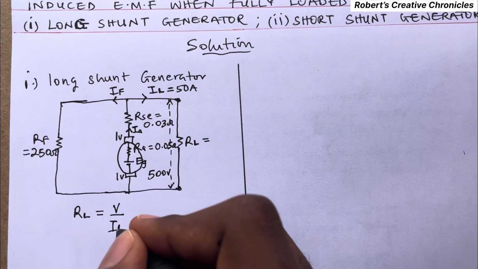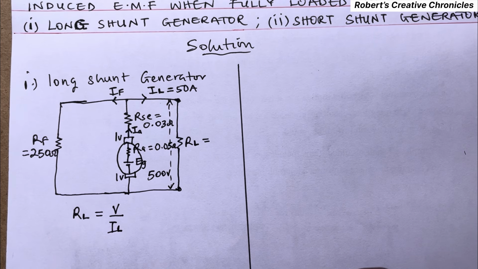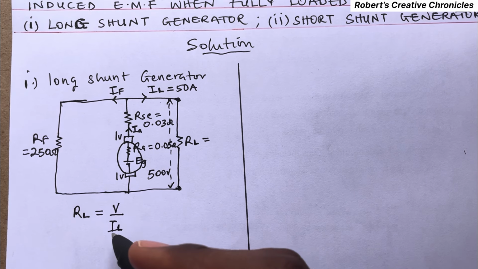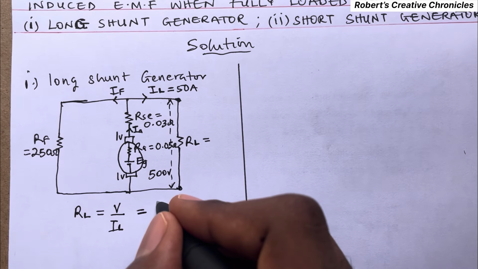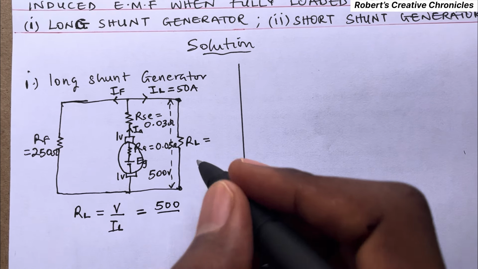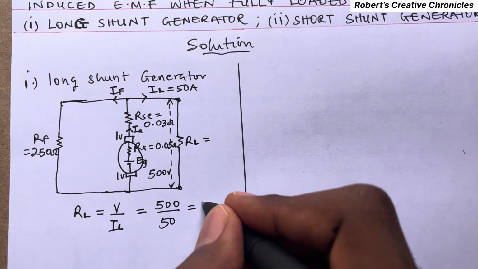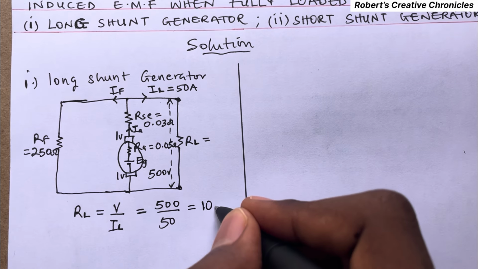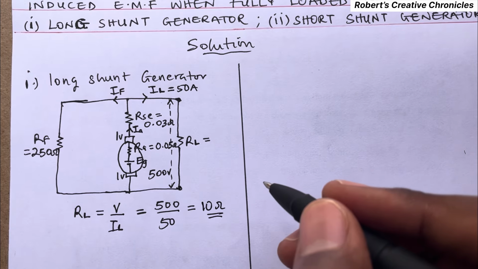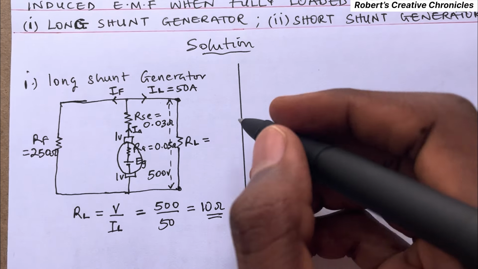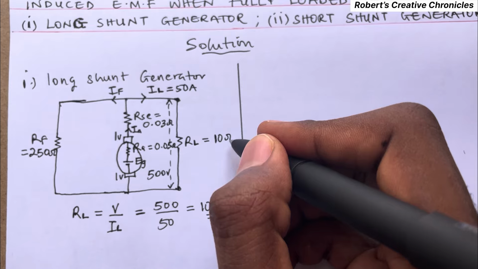This is from Ohm's law, that is V is equal to IR. So this becomes 500 over 50, which is 10 ohms. So this is 10 ohms. Here also is 10 ohms.